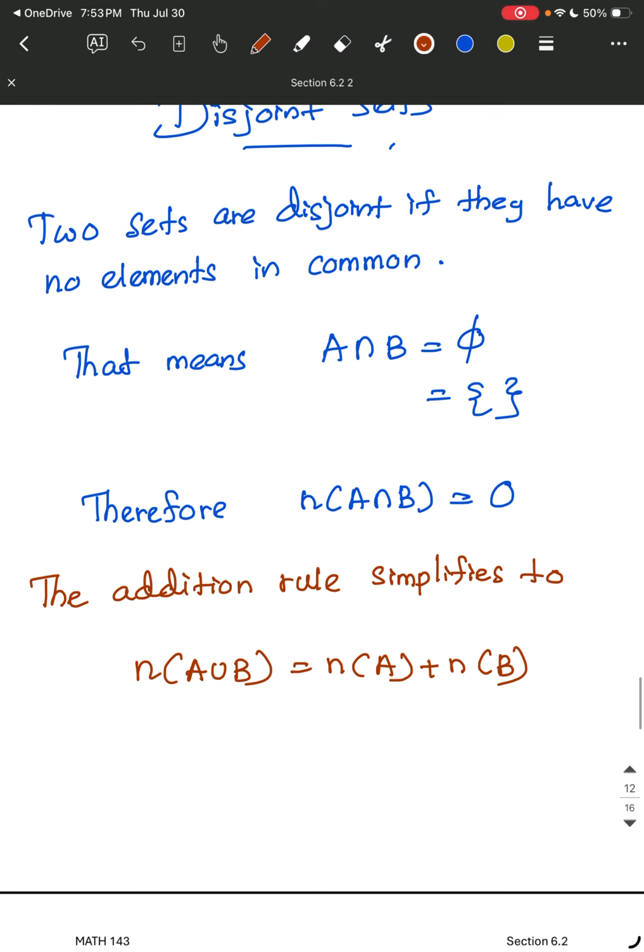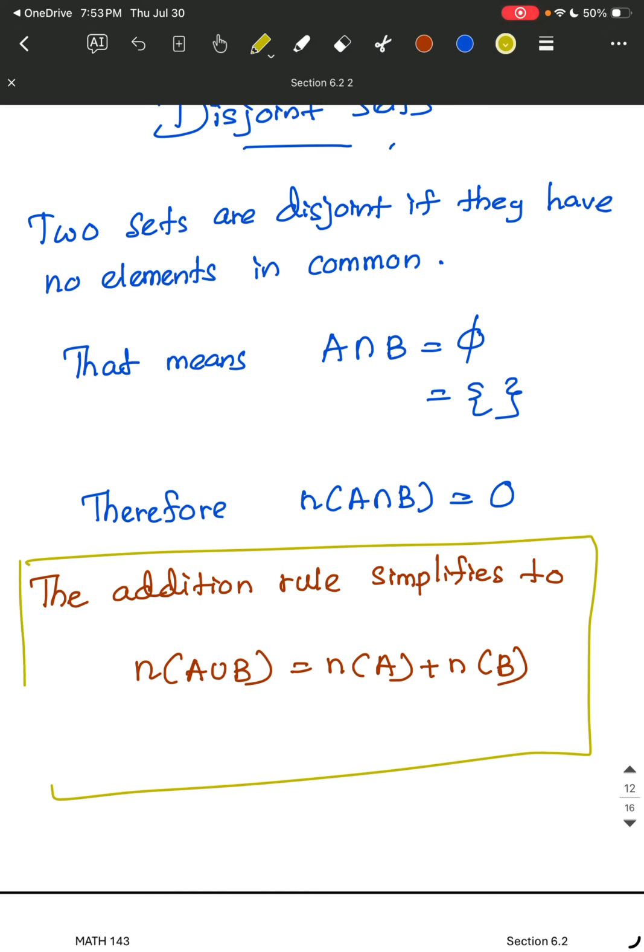So this is a very important one. The addition rule simplifies to this for disjoint sets. The disjoint sets are sets that have no elements in common.